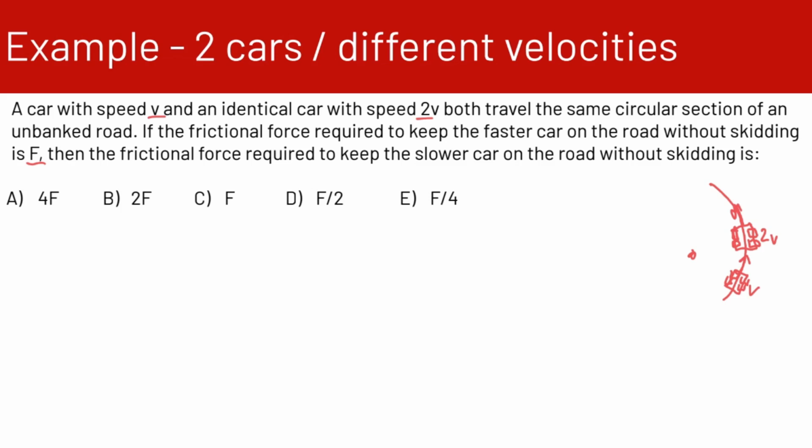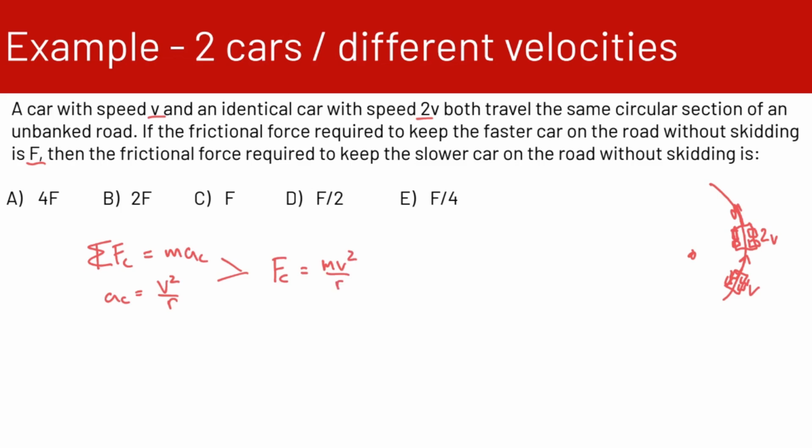Okay, so the sum of forces, centripetal force, is equal to m times a_c, and a_c is v squared over r. Combining these, centripetal force is equal to mass times v squared over r.